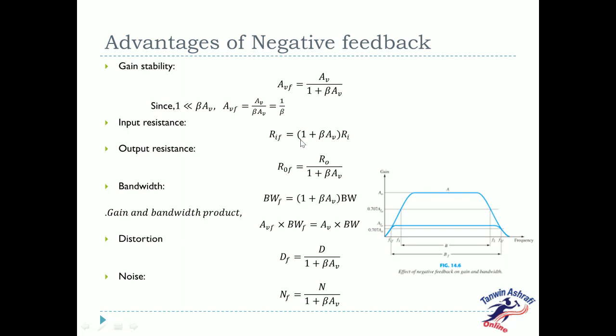When the feedback signal is in shunt with the input signal, the input resistance decreases in both voltage and current feedback. The formula shows that the input resistance RIF, that is the resistance with feedback, increases by the factor of 1 plus beta AV times the input resistance without feedback.